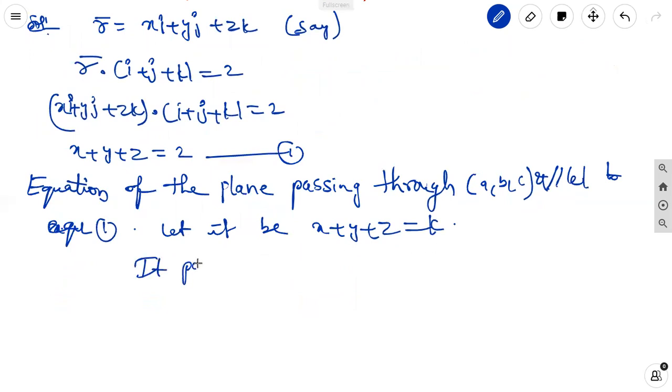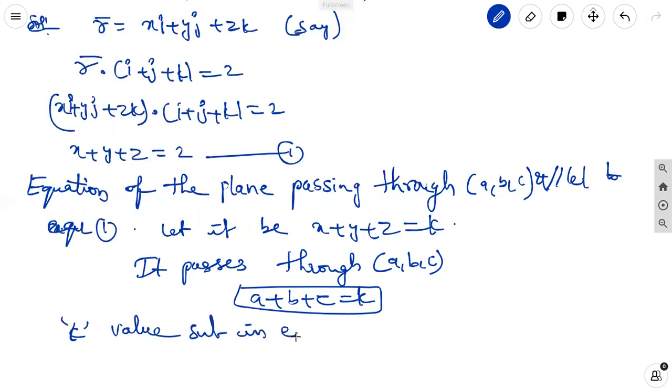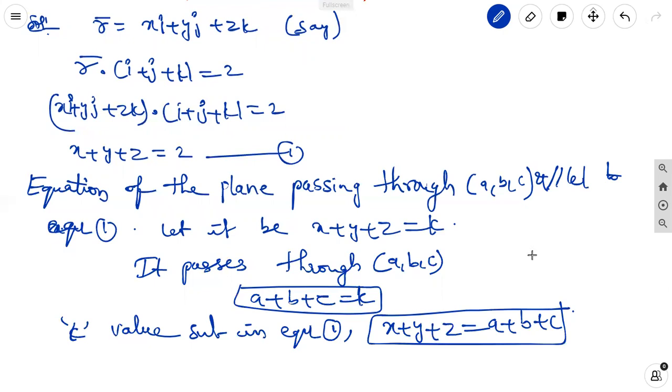It passes through A, B, C. So in place of x is A, y is B, z is C, equal to k. Substitute this k value in equation 1. Then we get the required equation, x plus y plus z equal to A plus B plus C, which is parallel to r vector dot (i plus j plus k) equal to 2.